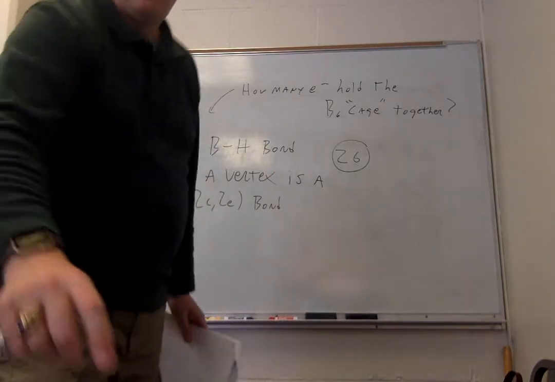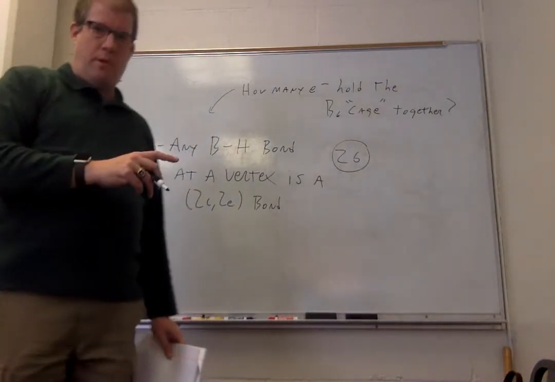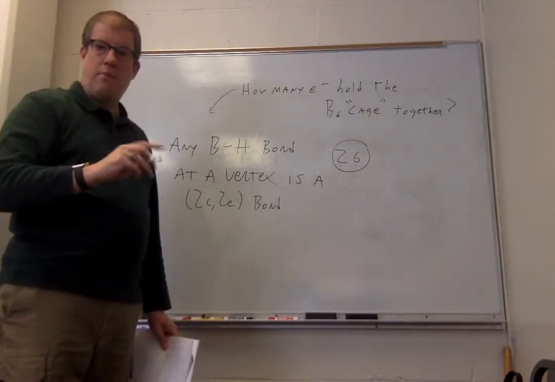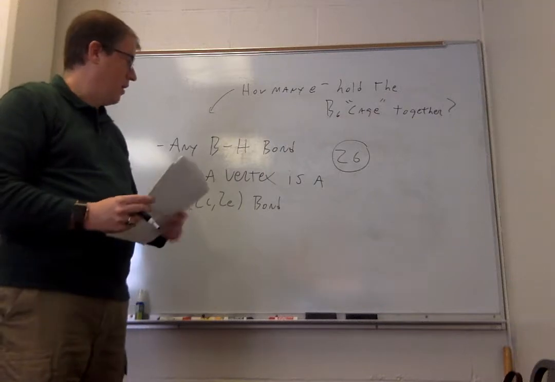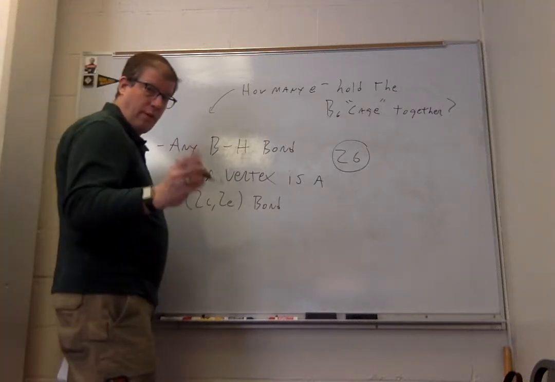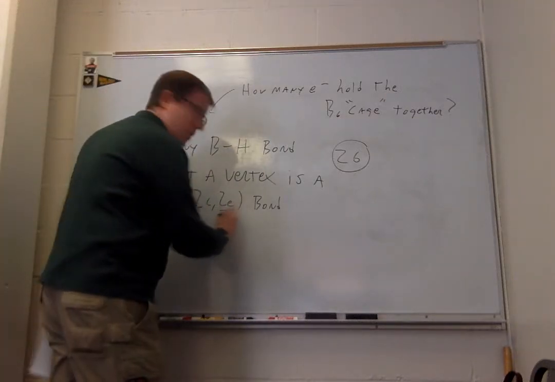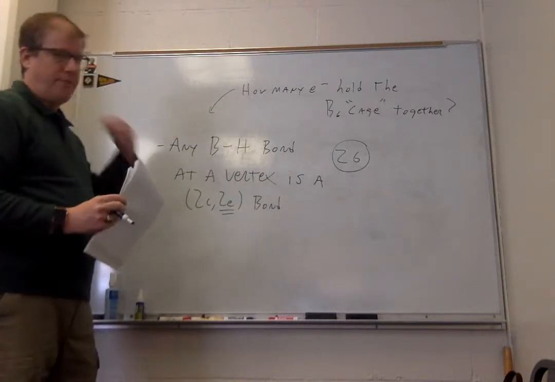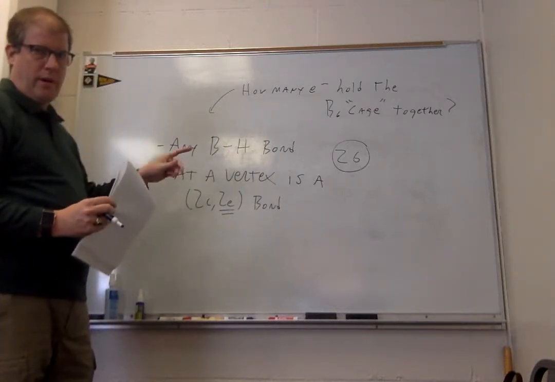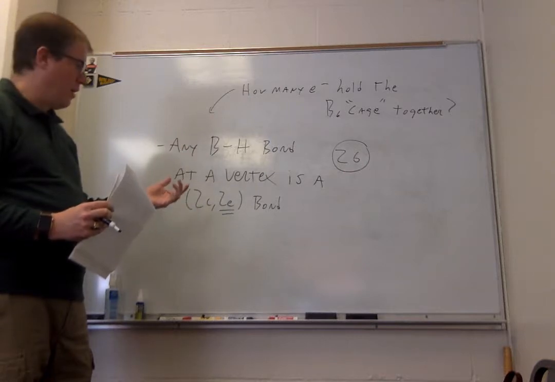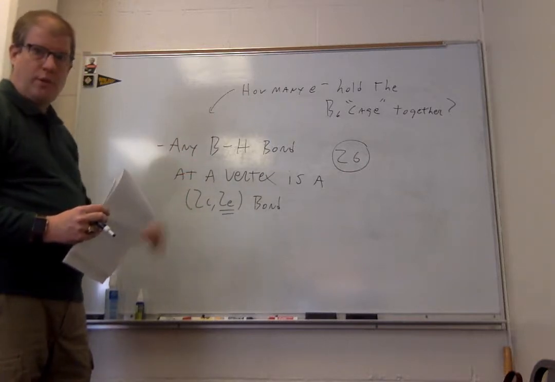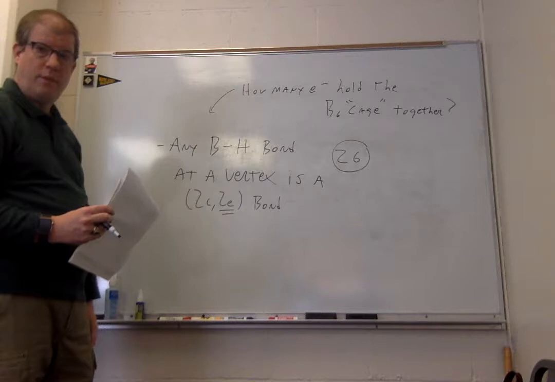So this is akin to the terminal hydrogens, 1, 2, 3, 4, in B2H6. Okay? So what that means is that each one of those vertices has a boron-hydrogen bond, which has 2 electrons, which means each one of them takes 2 electrons from the total. Okay?